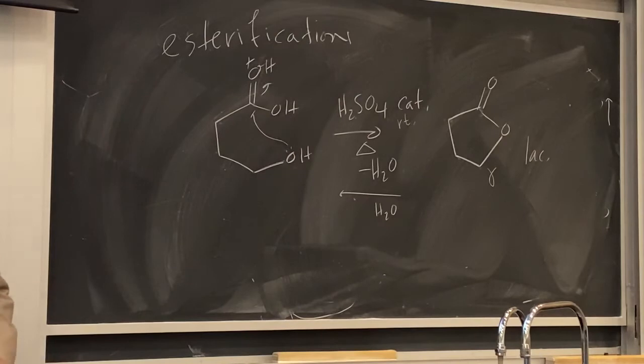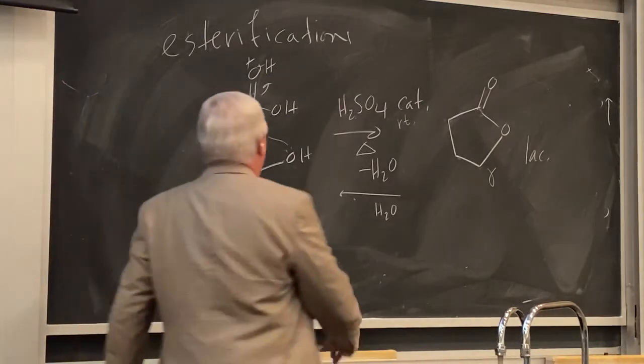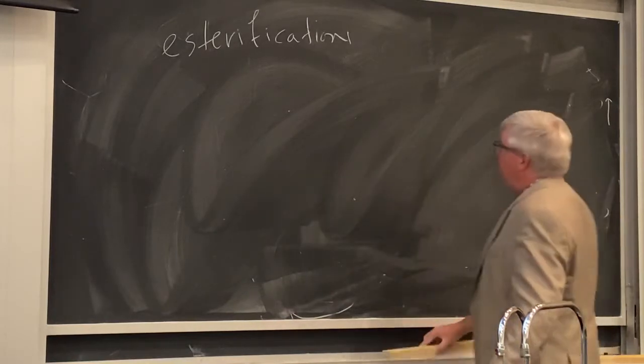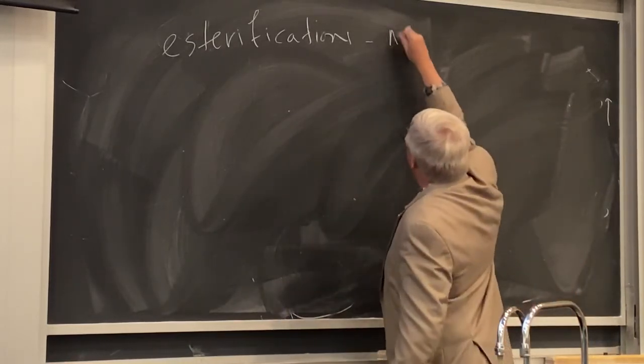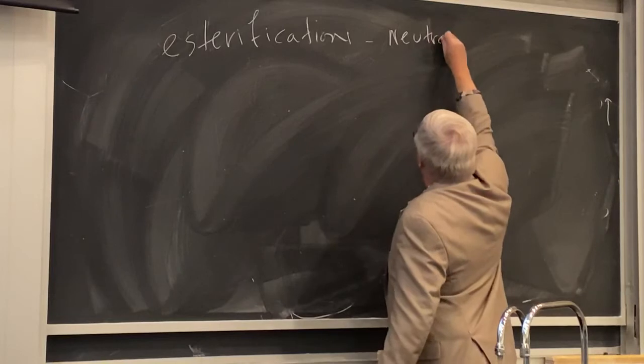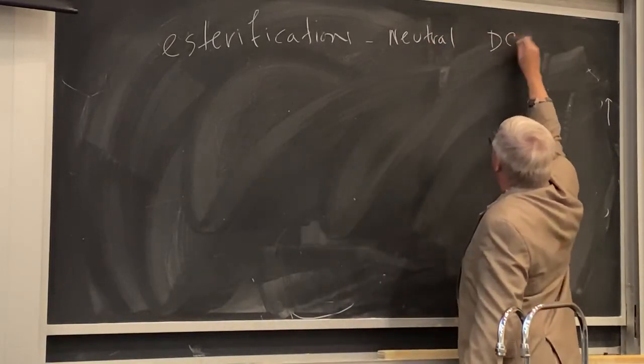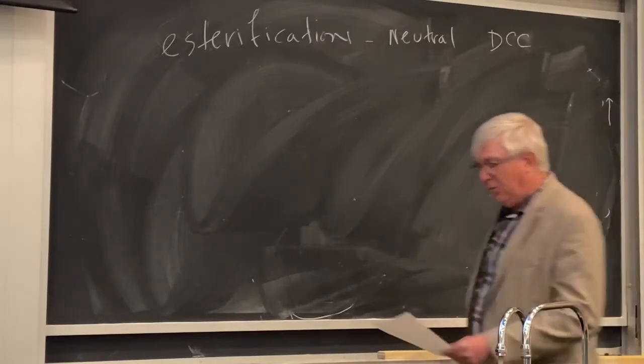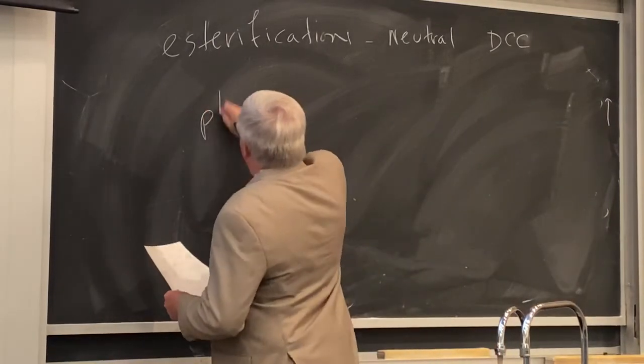All right, the last topic for today is going to be esterification under neutral conditions. And the neutral conditions are going to involve this reagent called DCC, dicyclohexylcarbodiimide. And this will allow us to do an esterification.